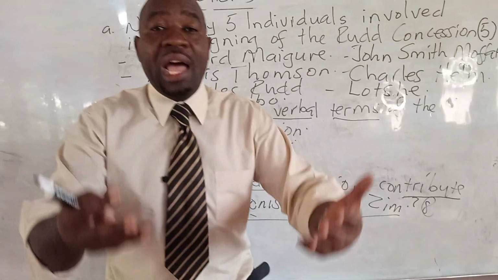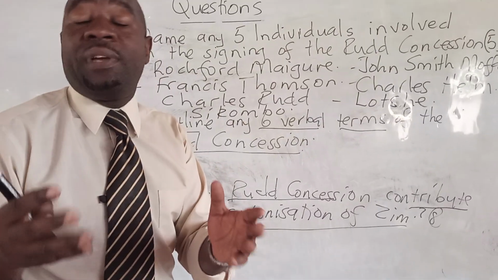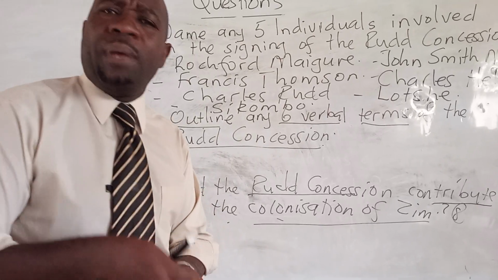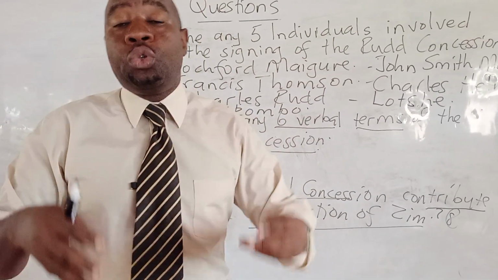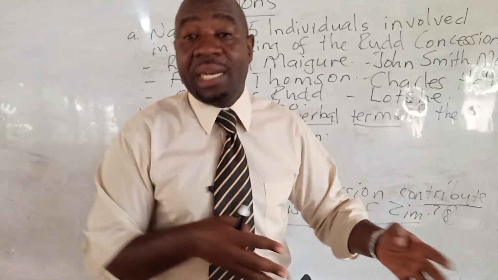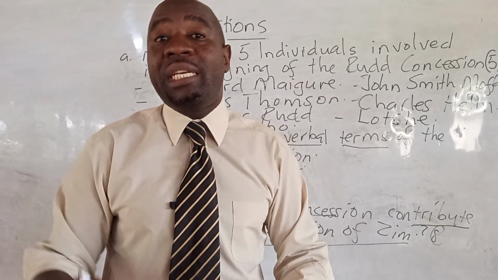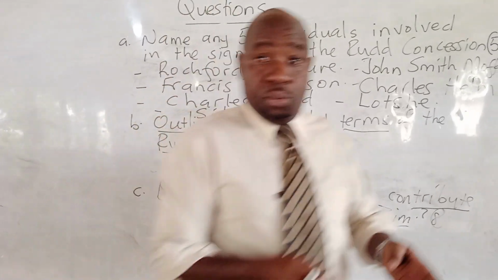We can say that the Rudd Concession contributed to the colonization of Zimbabwe because Lobengula granted the whites exclusive mineral rights to do whatever they deemed necessary. So he gave away his kingdom because of the Rudd Concession, leading to the colonization of Zimbabwe. But we skip one line.